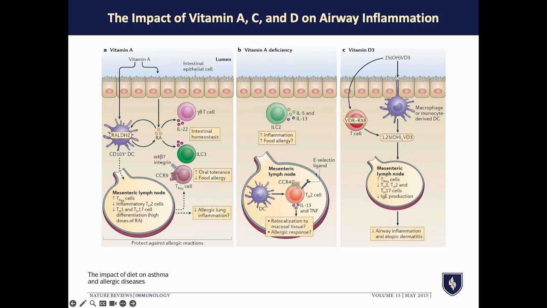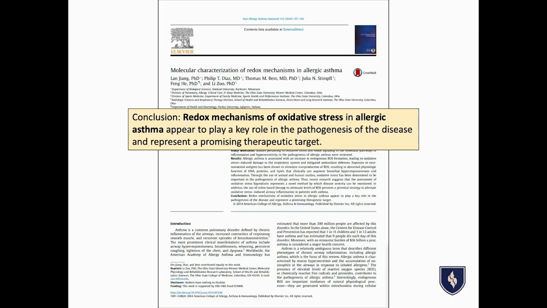But basically, the key antigen presenting cells of the upper airways, the macrophages and the dendritic cells there, are immediately impacted with vitamin A and vitamin D compounds.